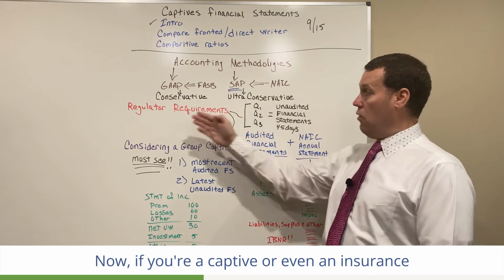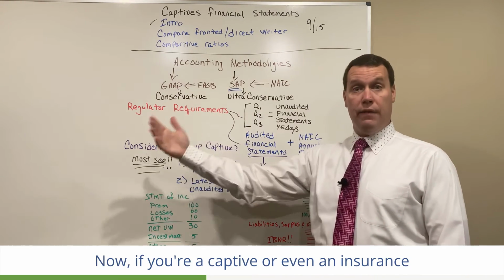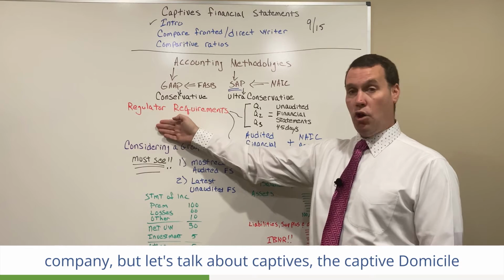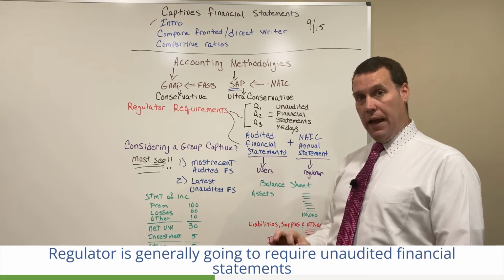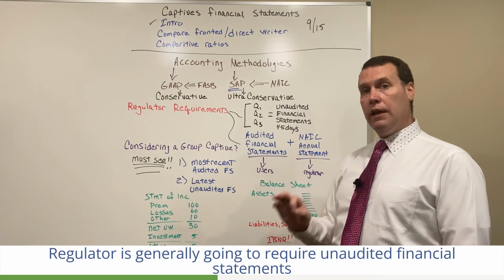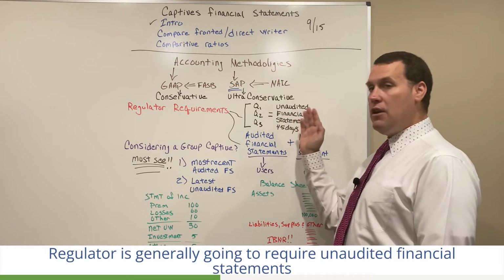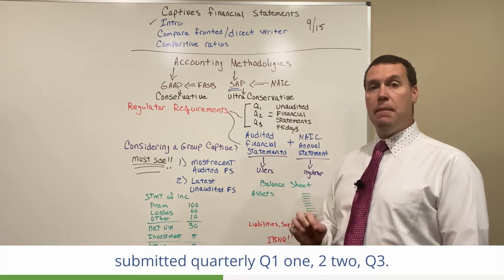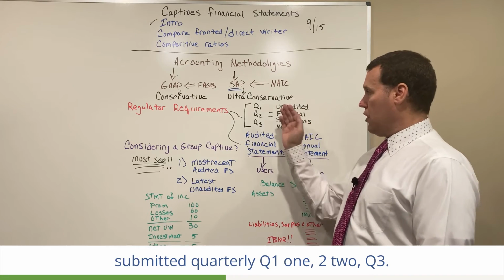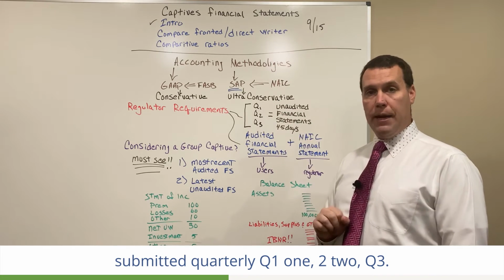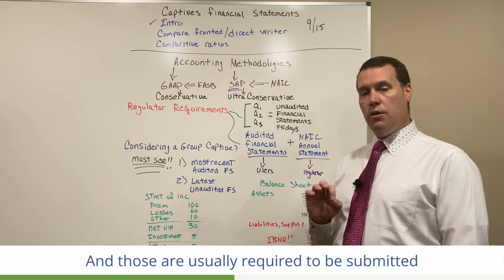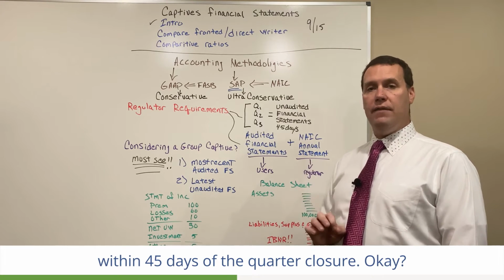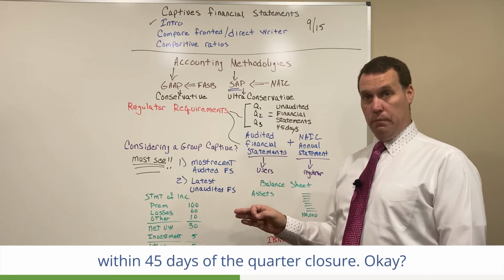Okay? Now, if you're a captive or even an insurance company, but let's talk about captives, the captive domicile regulator is generally going to require unaudited financial statements submitted quarterly. Q1, Q2, Q3, and those are usually required to be submitted within 45 days of the quarter closure.